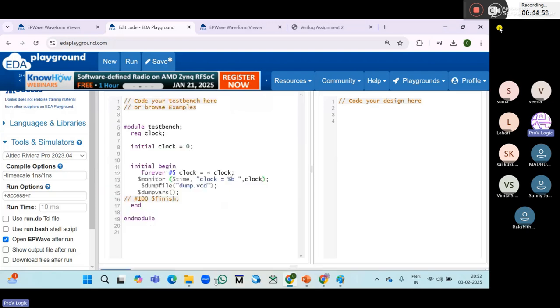But for the for loop, we are not getting even output. Okay, I'm just using $finish at 100 time units.